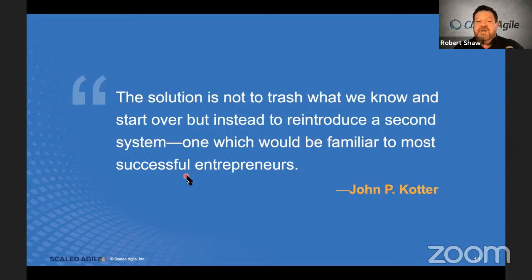It's to introduce a second operating system, which anyone familiar with entrepreneurship would find very familiar. It's not an or. You can't have a network or a hierarchy. It turns it into an and. How do you capture the entrepreneurial spirit with your existing hierarchy?